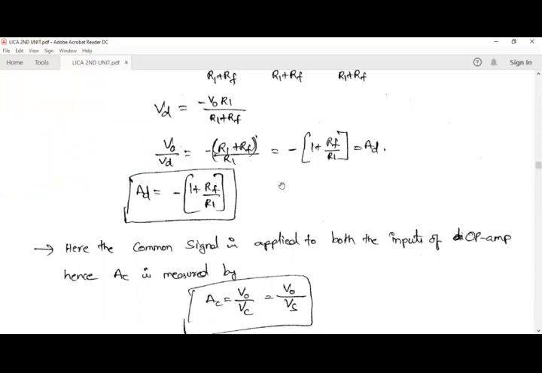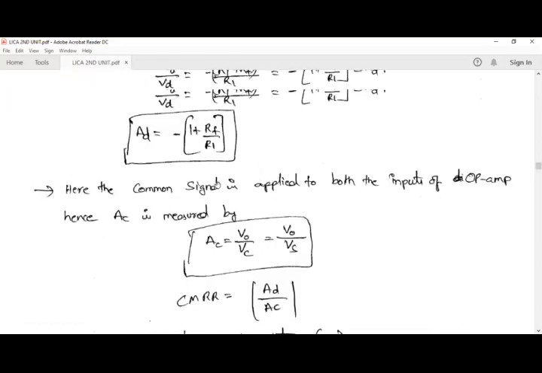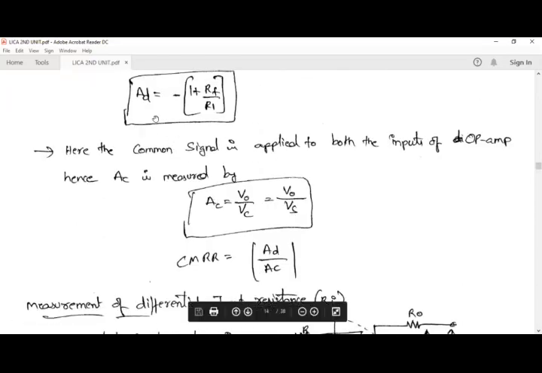So you can observe that compared with AC, AD will be very, very much more. And when AD is more, we can say that the CMRR will be very high. When CMRR is very high, we can say that the op amp performs better.